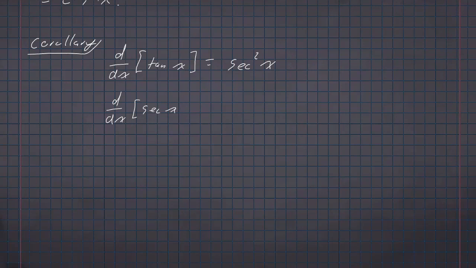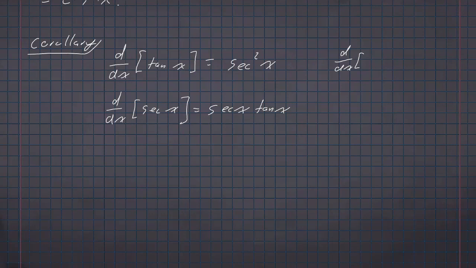Building off of those rules, the derivative of tangent of x is secant squared x. The derivative of secant x is secant x tangent x.